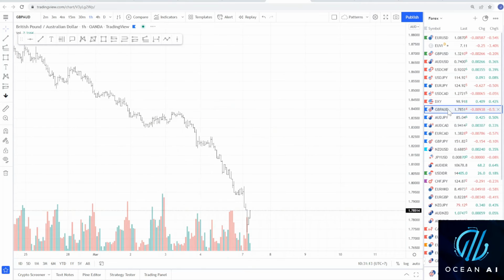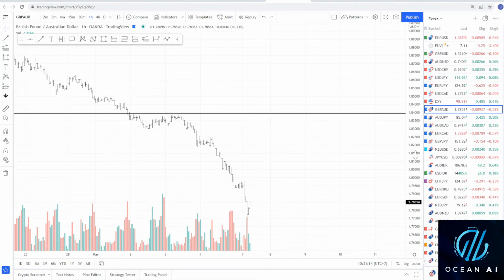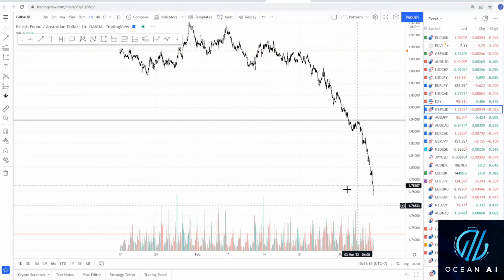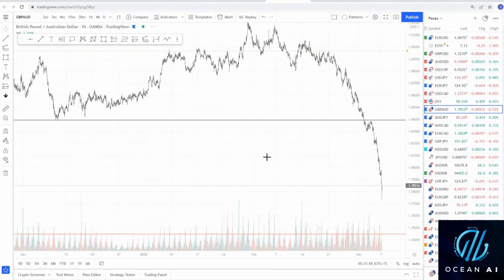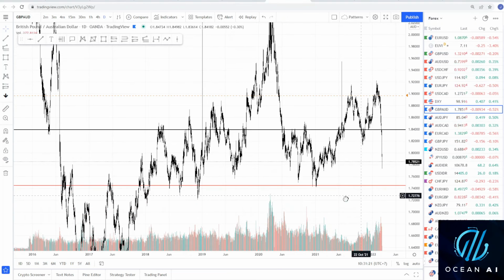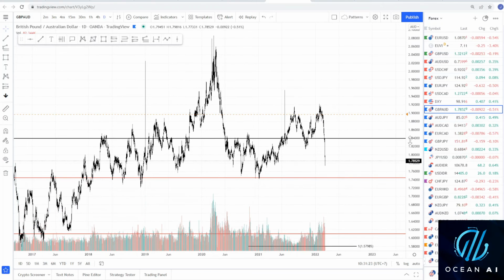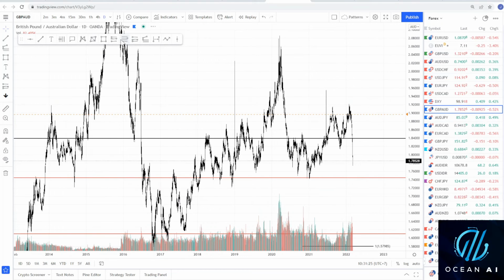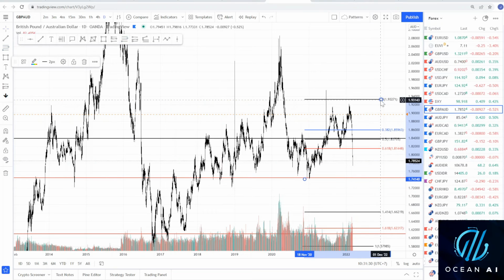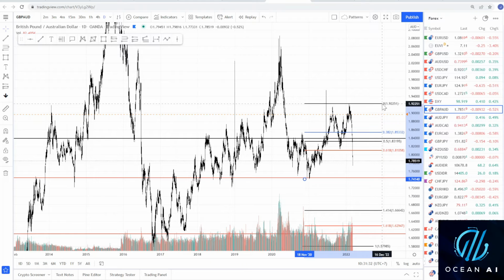What else? We've got the pound AUD. Same thing here. That's just been selling off. We're at that 78%. I think I won't worry about that spike there.